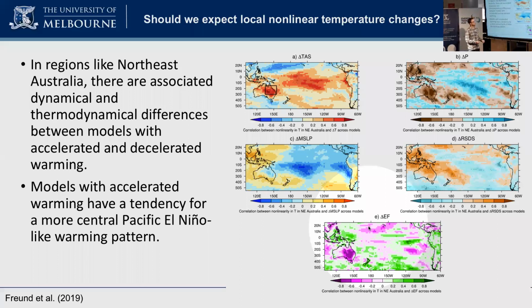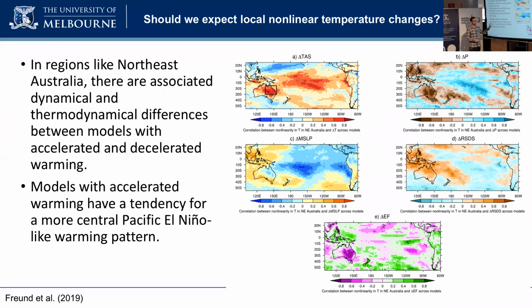And what I'm showing here is that models with accelerated warming over Queensland in summertime tend to have warming over the Central Pacific, drying locally but increased precipitation in the Central Pacific, a decreased mean sea level pressure in the Central Pacific, and also increased sunshine intensity and decreased evaporative fraction, which means a greater role of sensible heat flux relative to latent heat flux.